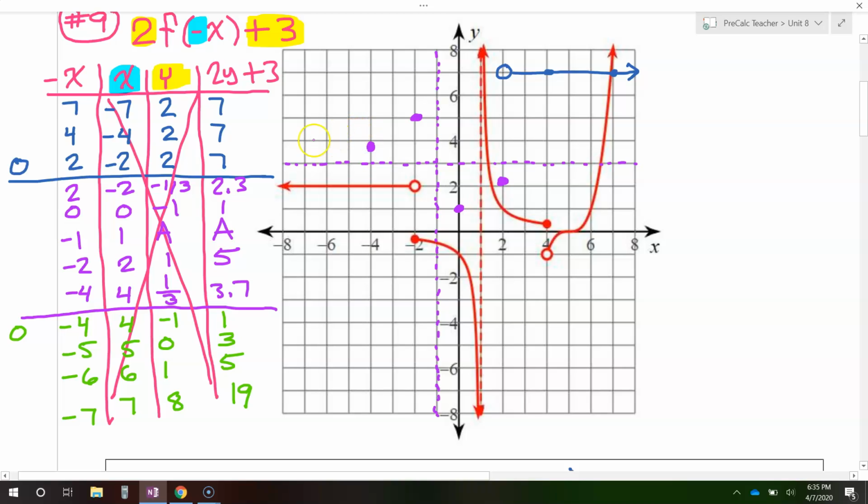All right, so the branches will be in these corners, in these quadrants. So it's going to be like this. Well, let me not go all the way out there, though. Okay, so it's really going to end right here. So it's going to be going like this.